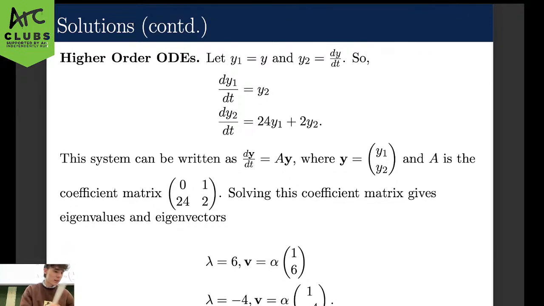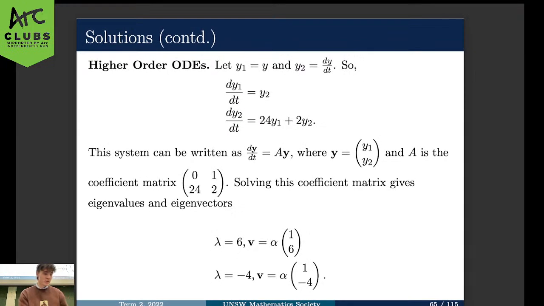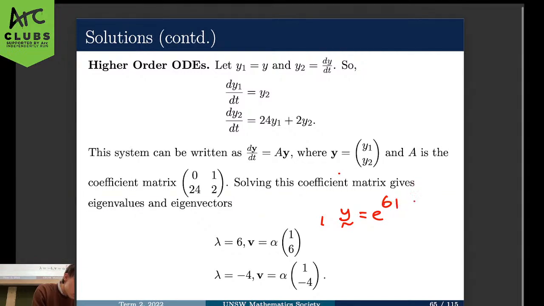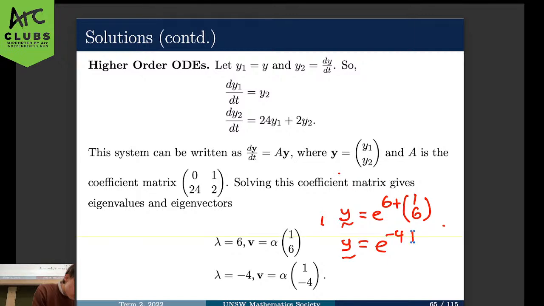And now remember that our solution, or at least two specific solutions to this equation, should be y equals e to the 6t multiplied by (1, 6), and y equals e to the -4t multiplied by (1, -4).